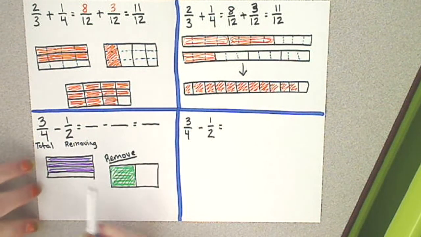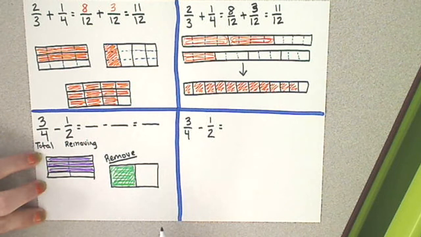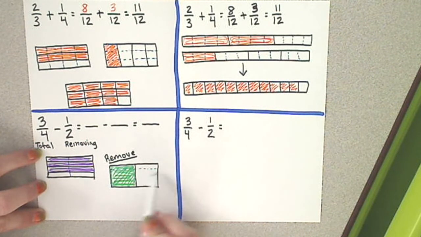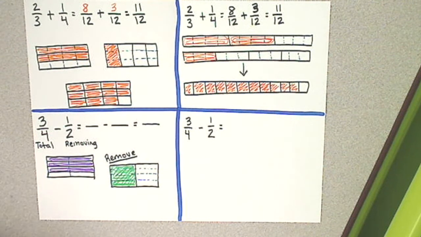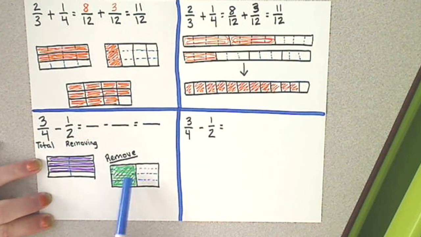So that means that I'm going to split this model in half and this model in fourths, just like we did up here. We drew the vertical line from this model and the horizontal lines from this model. Now we're rocking and rolling.